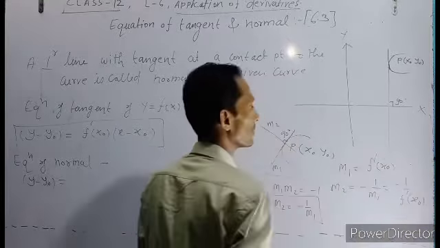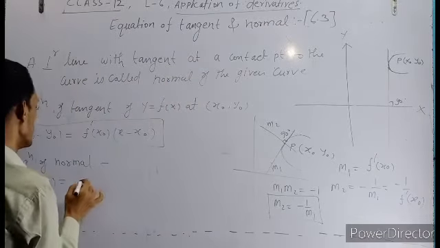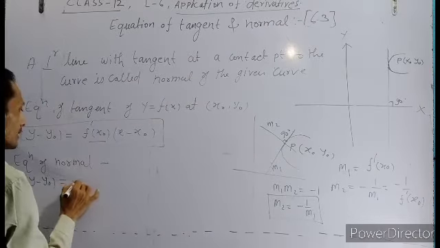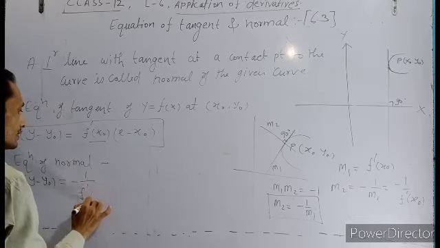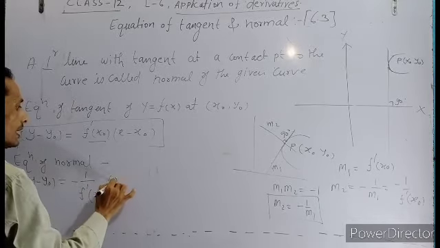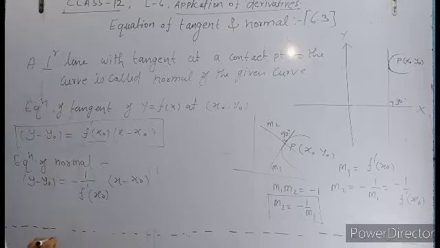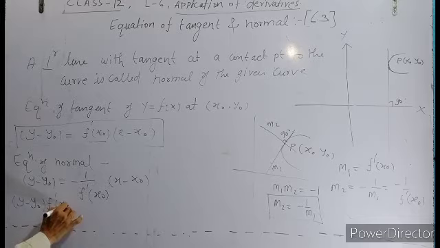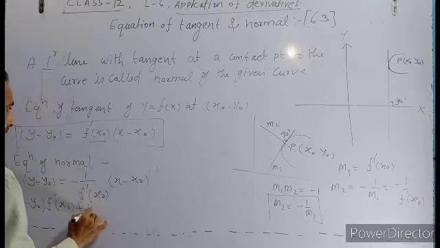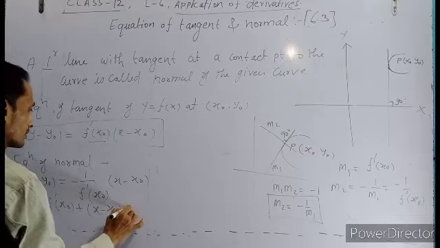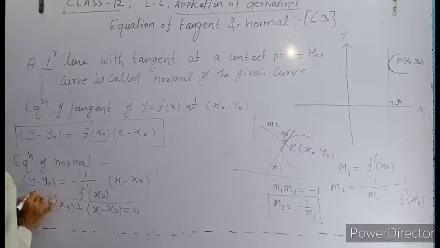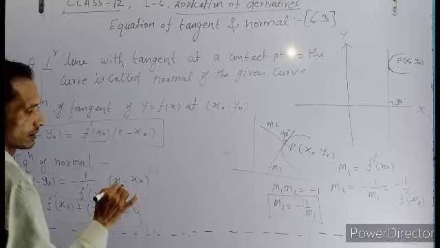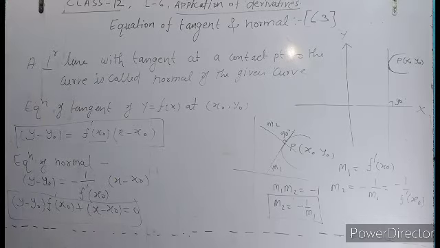In place of the slope we can write minus 1 upon f dash x0 into (x minus x0). Simplifying, we get (y minus y0) f dash x0 plus (x minus x0) equals 0. That is the equation of normal. In this way we can find the equation of normal.